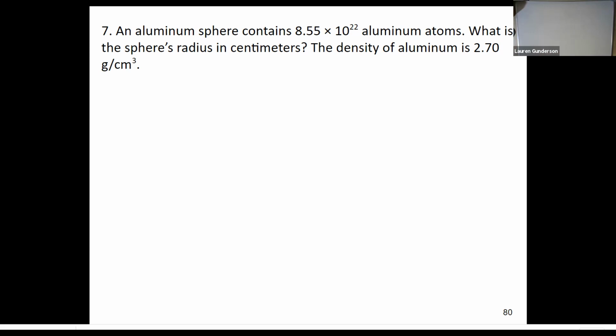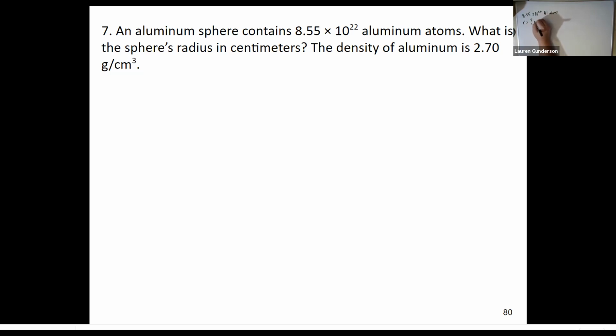Okay. So we're told here that we have an aluminum sphere and that the sphere has 8.55 times 10 to the 22 aluminum atoms in it. And we want to know what the radius of the sphere is in terms of centimeters.